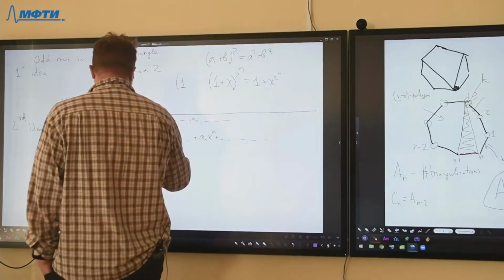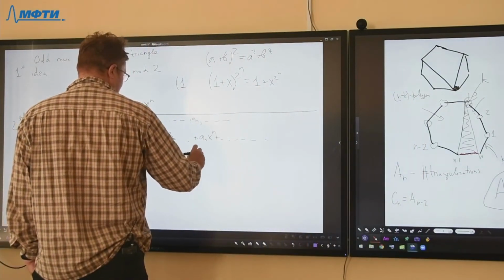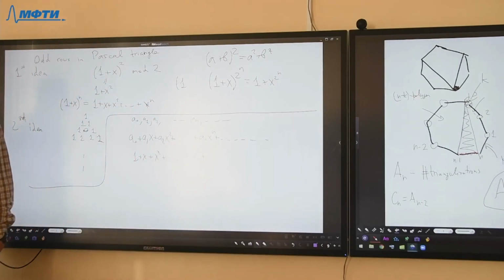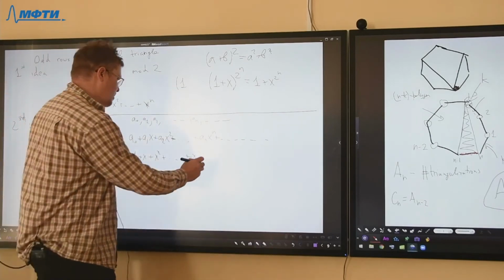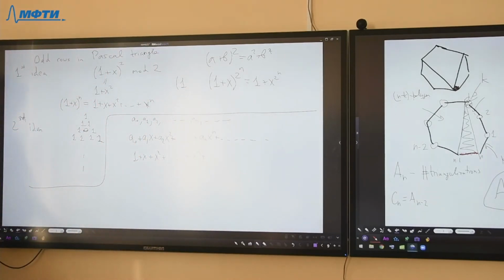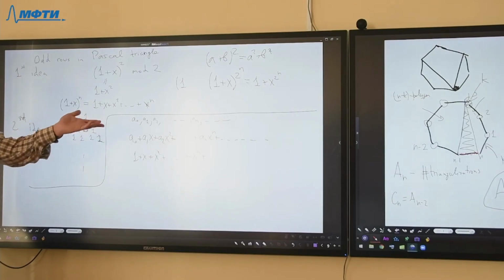So for example, you know what the sum of an infinite geometric progression is. Why is it useful to look at the formal power series?